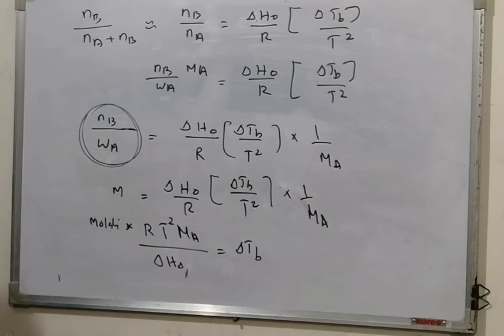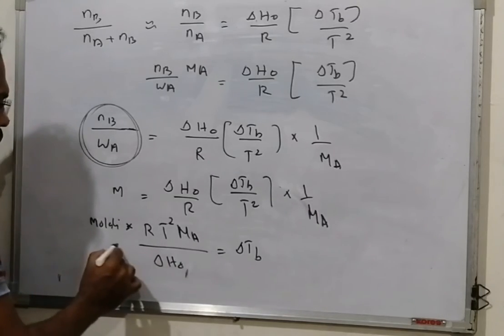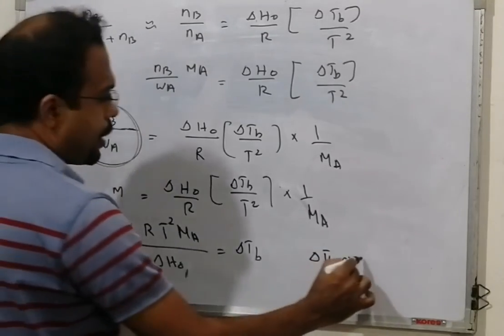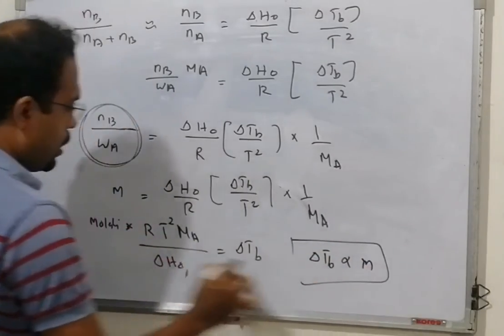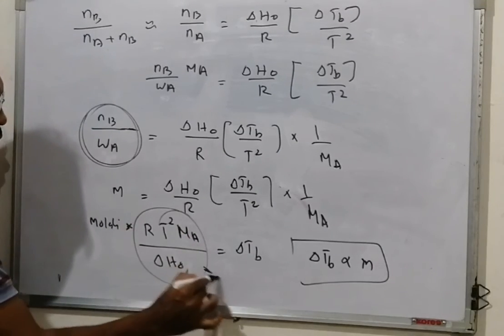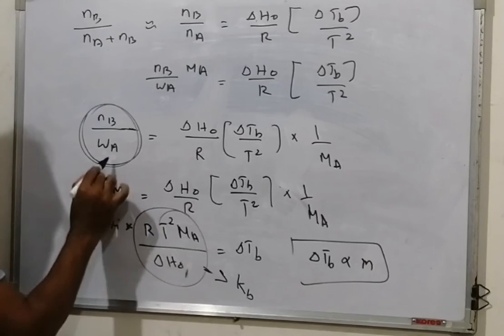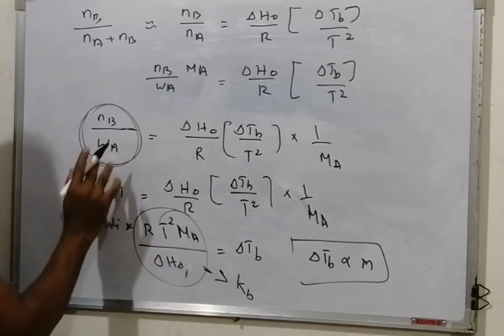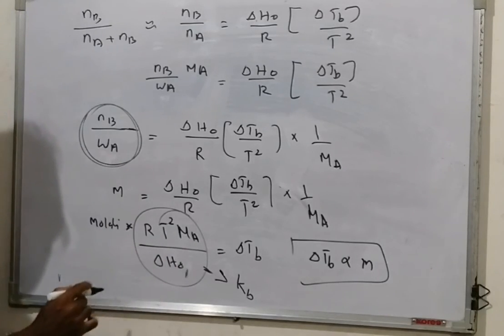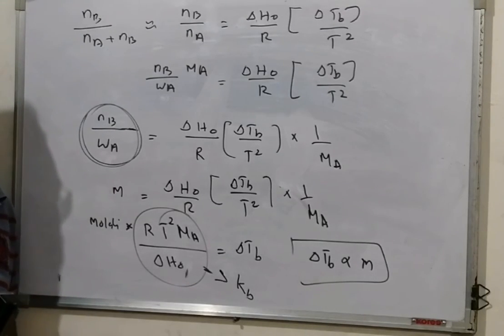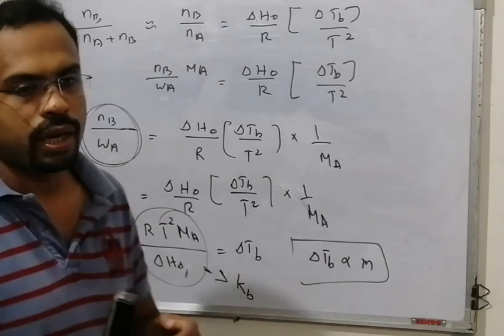That is, delta TB is directly proportional to m molality. This entire term is called Kb. There will be 1,000 if you convert this kilogram into gram. Yes. This is Kb. This is how we derive the equation.